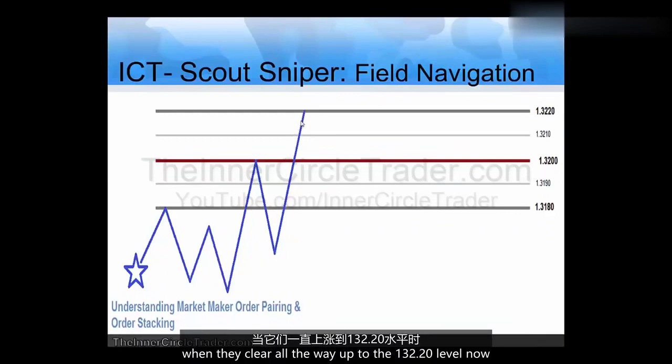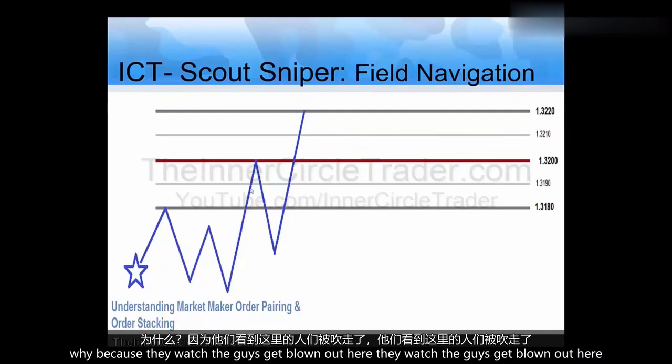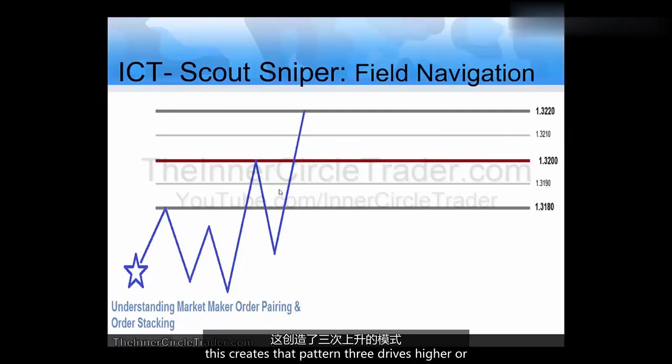So when they clear all the way up to the 132.20 level, now folks that were looking to sell are scared. They don't want to get in the market now. They don't know what's going to happen. Why? Because they watched the guys get blown out here, and here. And this creates that pattern of 3 drives higher, or 3 Indians, as it is in the Street Smarts book.